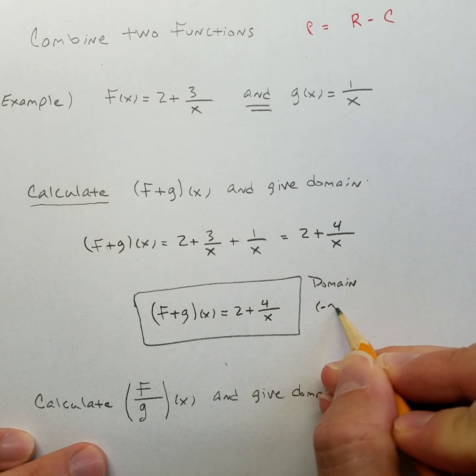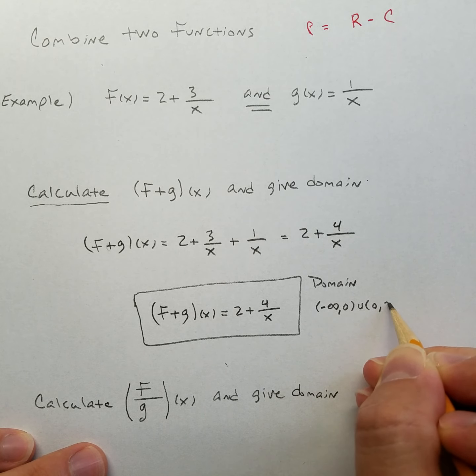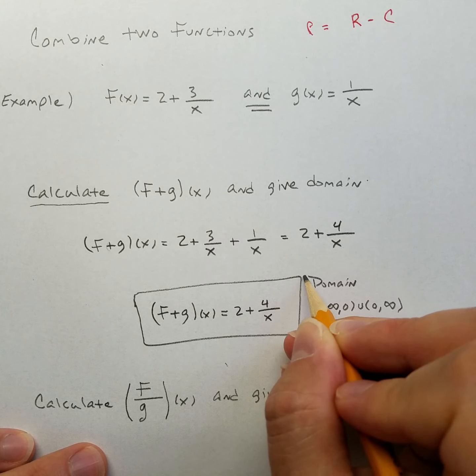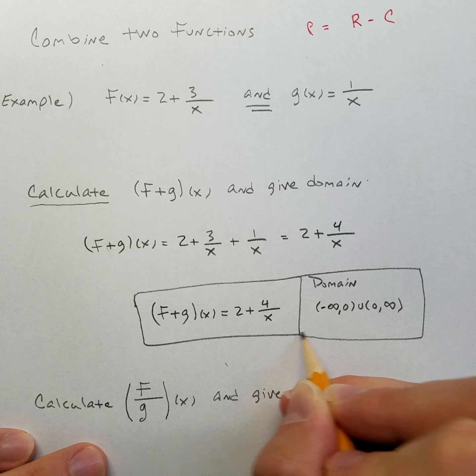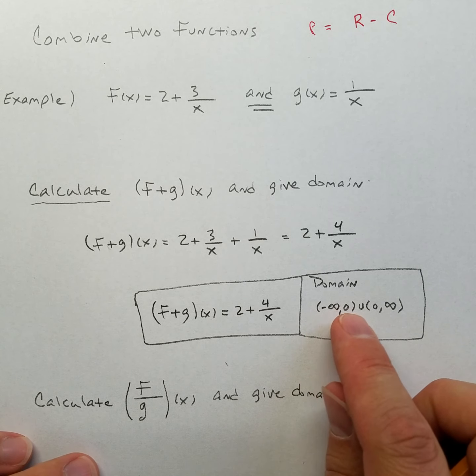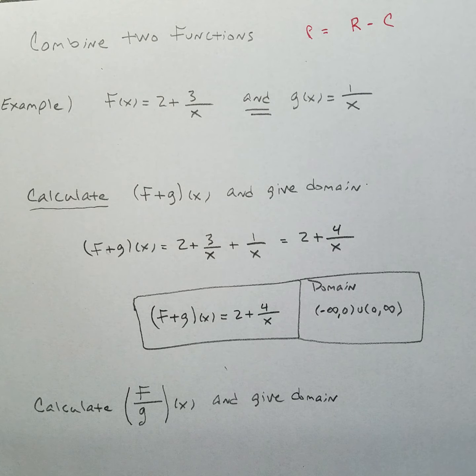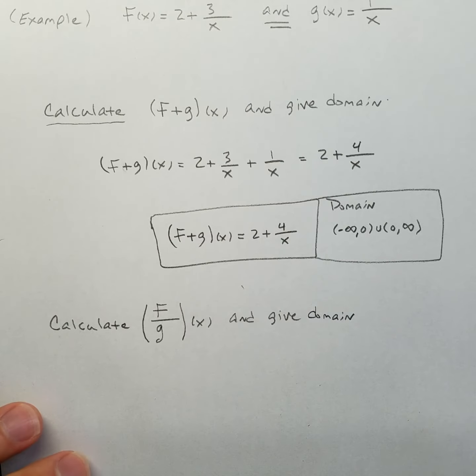So we'll say, in the same fashion as for other problems, all numbers for x except 0. From negative infinity to 0, don't include the 0, skip over it, pick back up, go to infinity. Okay? All right. So that's how we do something like that.